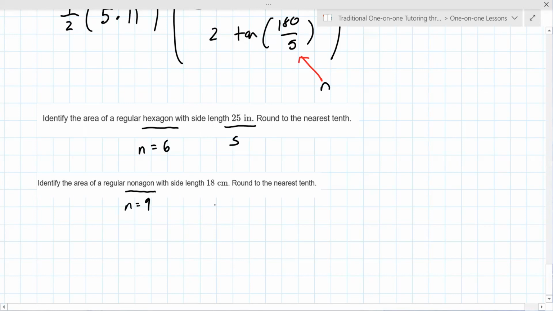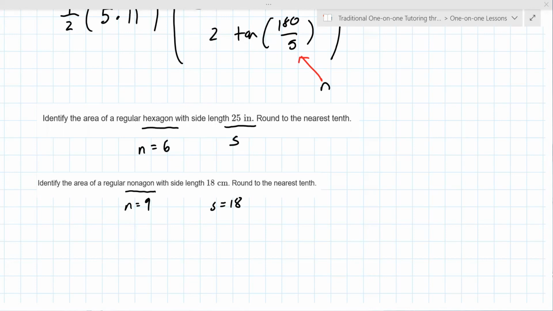So n equals 9 and S equals 18. 2002.9. What are the units? Centimeters squared. Perfect.